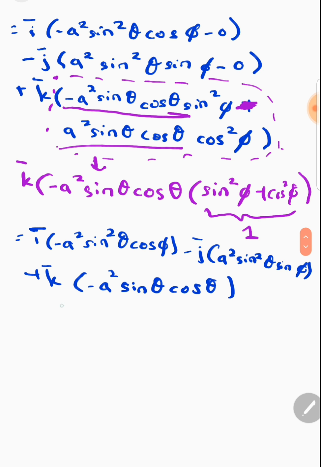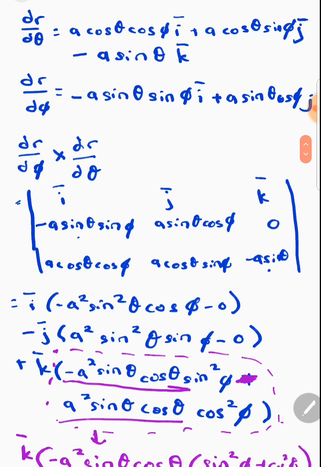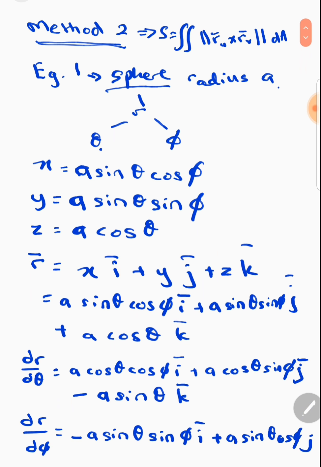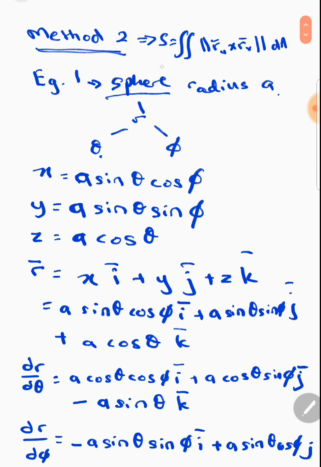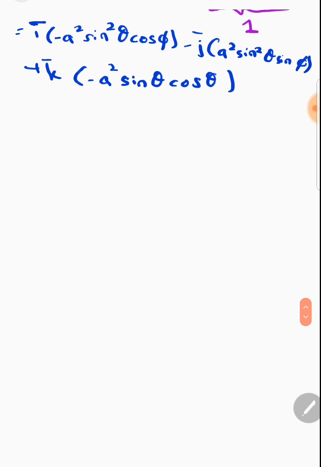So what is this expression that we just got? Remember, if I scroll back up, this is the cross product of dr over d phi cross dr over d theta. If you recall our formula here, after getting the cross product we're supposed to get the magnitude. So the next step is to get the magnitude of this cross product, which I am going to write with the double vertical lines here.